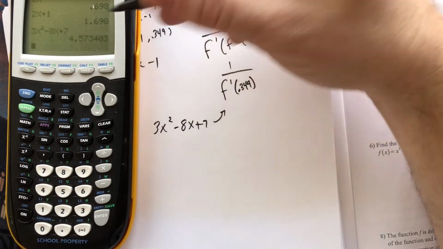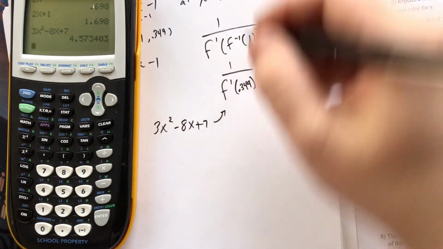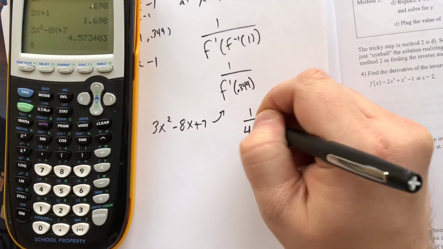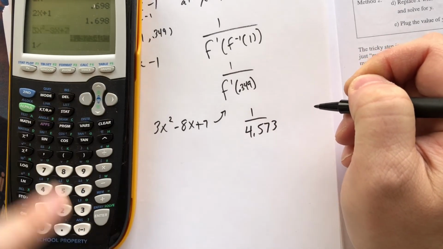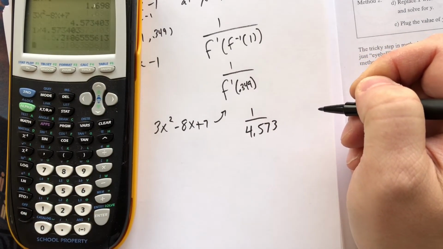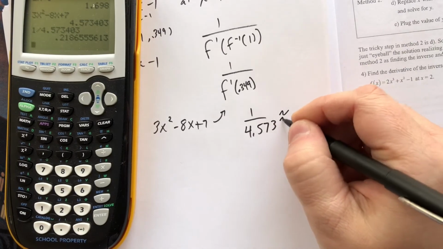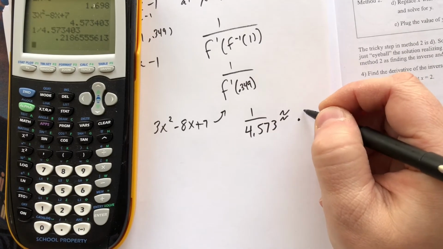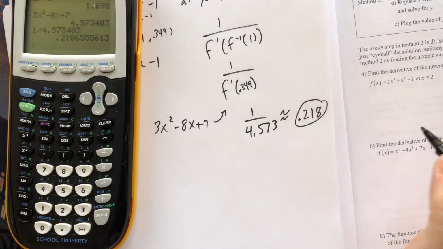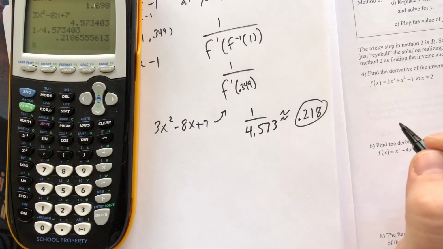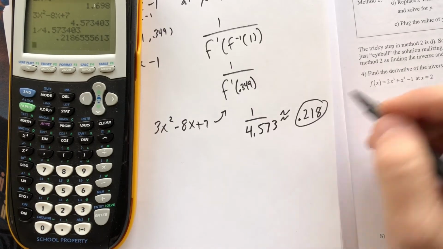Okay. So 1 over 4.573 gives me 0.218. You might be like, Mr. Canfield, you did not round. You are fired. 0.218 is fine.